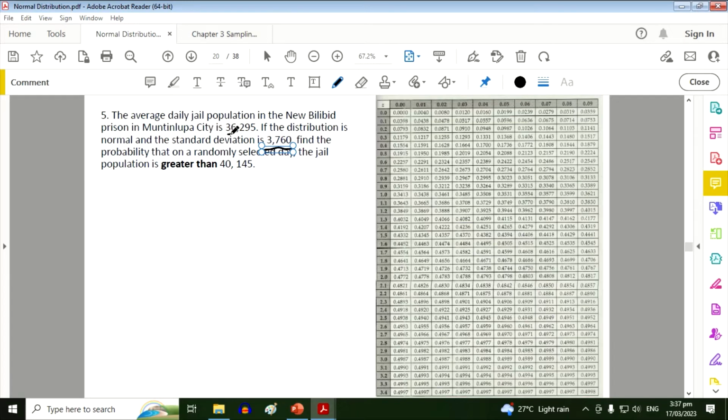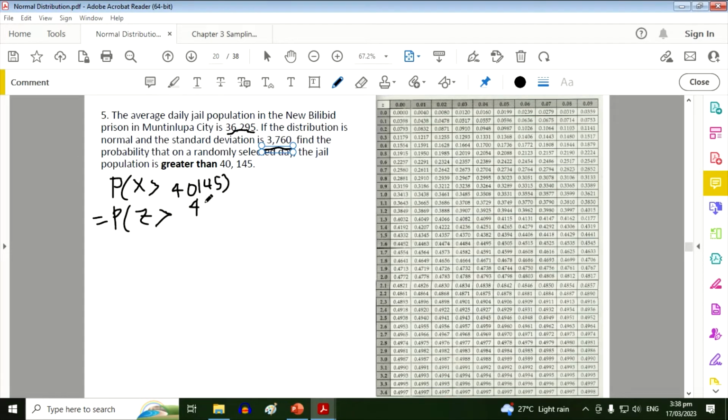So we're given the mean and the standard deviation, and we're asked to find the probability that the daily population is greater than 40,145. So again, we'll convert this to Z.